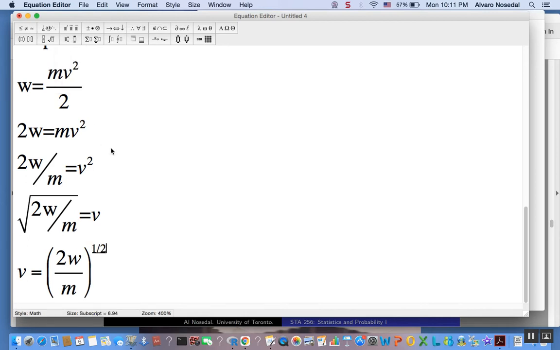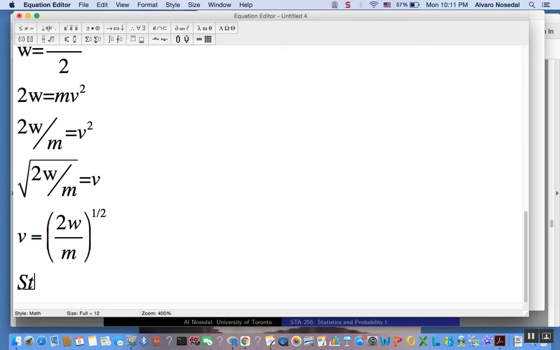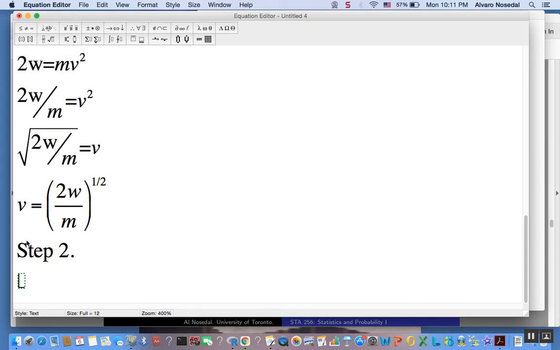That's the same as the square root of 2w divided by m, right? So step 2, let's find the derivative of this with respect to w.